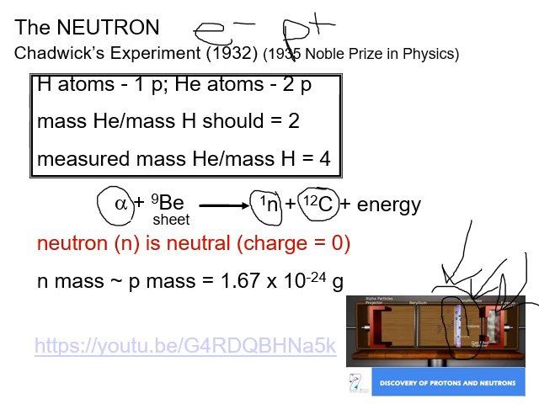By looking at these numbers, you could see beryllium is number 4 here, and this one is 4 too, so there are mass interactions going on between these transformations from one element to another. If this beryllium was changed into carbon, there had to have been an exchange of mass, and that exchange of mass was this neutron. So I left you that link if you wanted to go look at that and understand that experiment again.